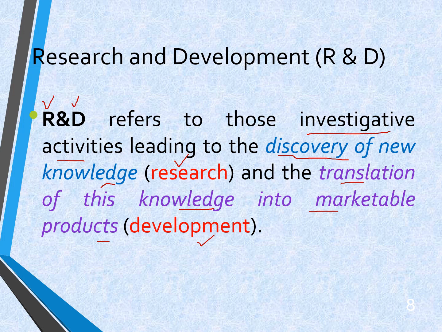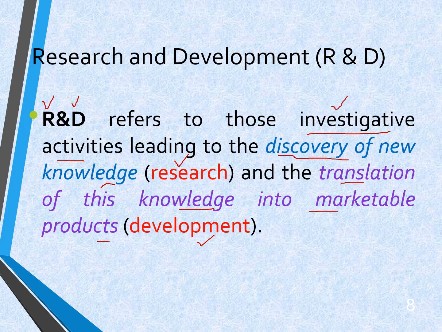So there are two types of jobs to be done by research and development. In every organization there will be a research and development team. They will perform this research and development job. So you need to understand what is meant by research and also development. It refers to investigative activities.